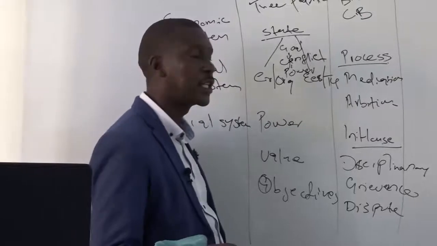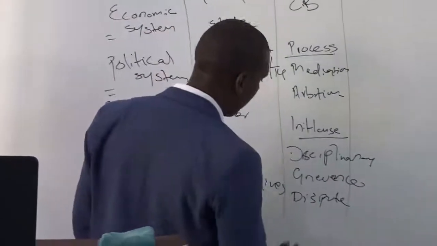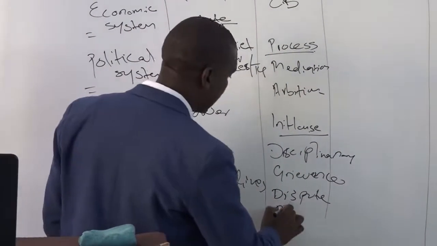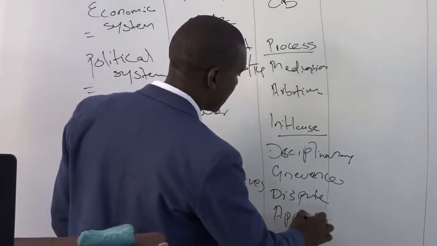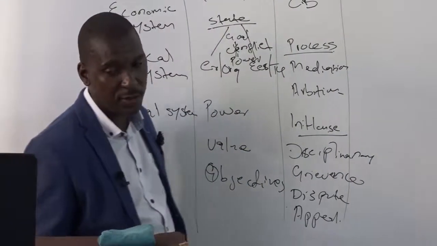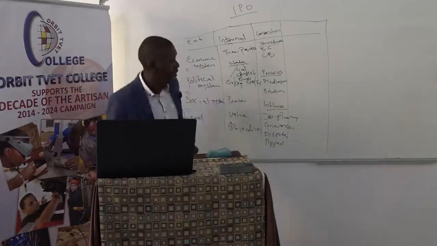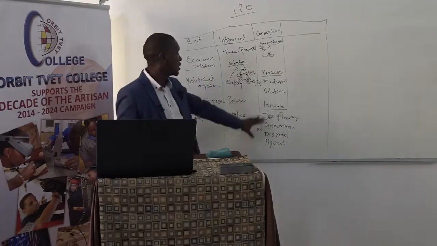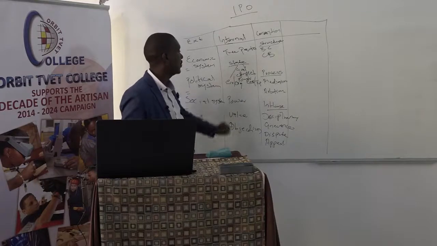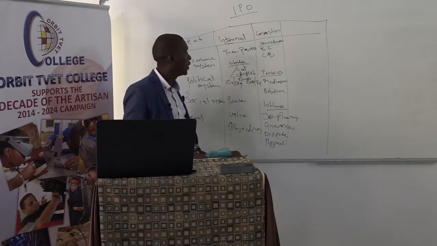After the dispute resolution procedure, we have what we call an appeal, because sometimes decisions are taken against employees that they are not happy about. If they ask you to illustrate the whole structure, then these are the things that you are going to write.